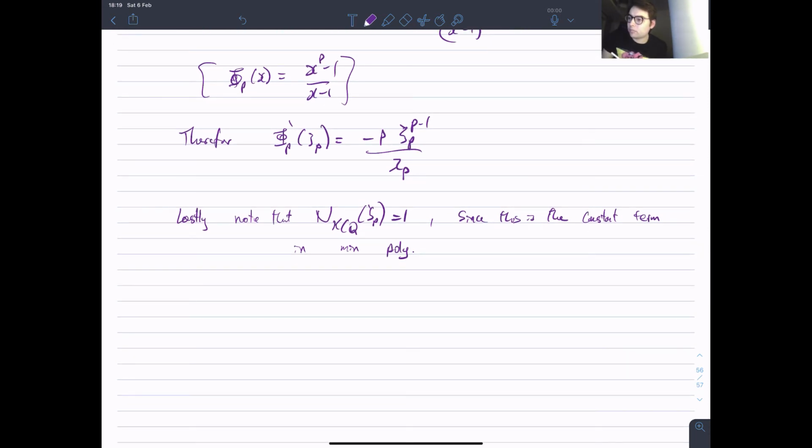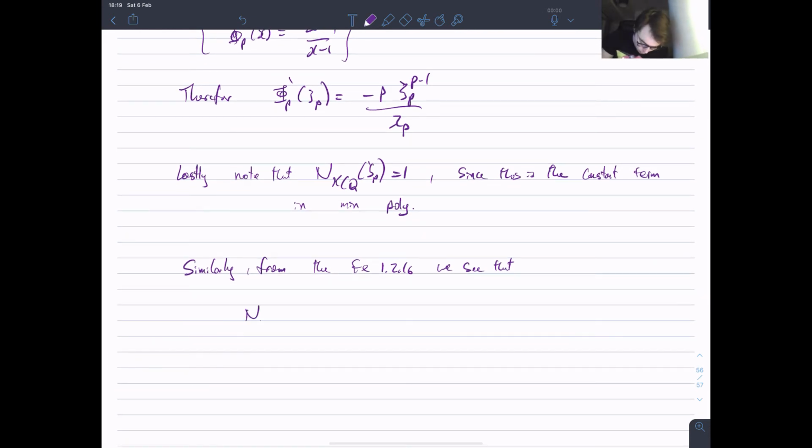Similarly, from the computation we did in one of the previous examples, example 1.2.16, we see that the norm of λ_p from K over Q equals p.